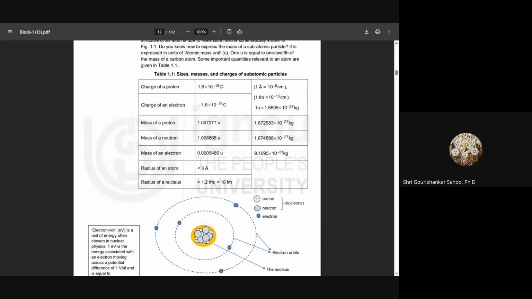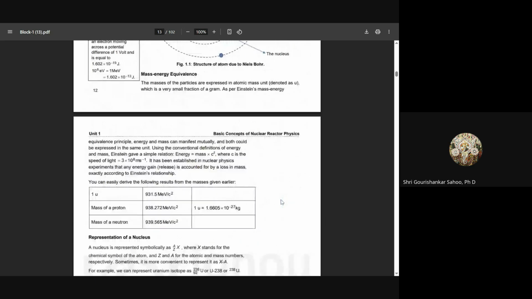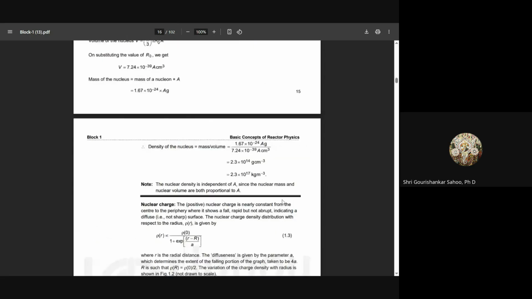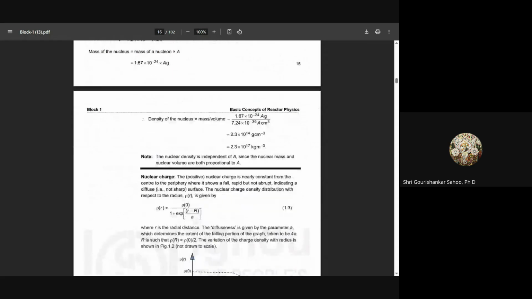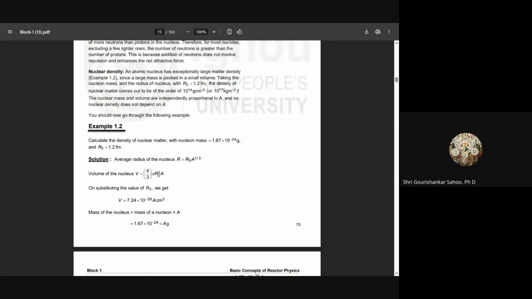So it is 10 to the power 3 orders higher, around 2000 times higher than that of the electron.